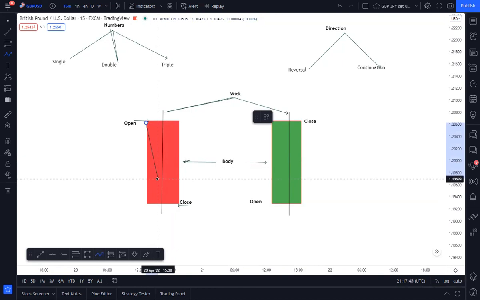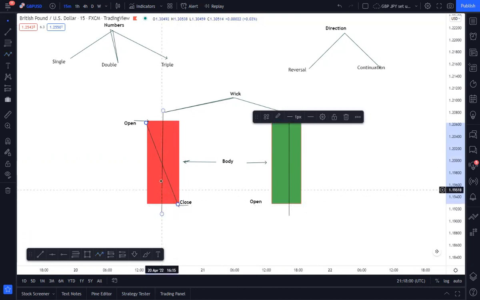When we get to time frames, you would understand those. So price was bearish, and closed here. But you might ask, what is this long thing here? This is what we call the wick. A wick is created when price gets to a certain level and pushes back before the candlestick closes.